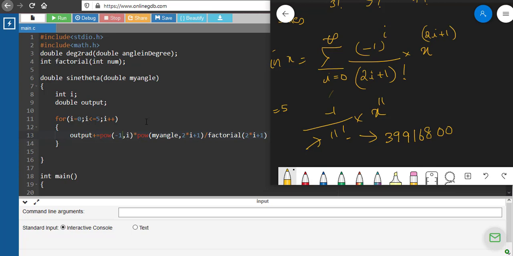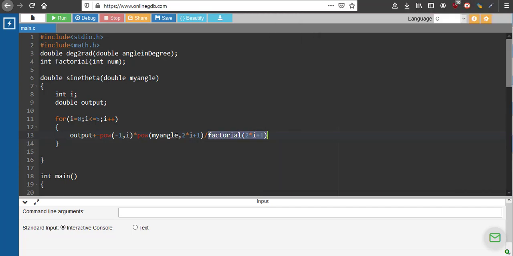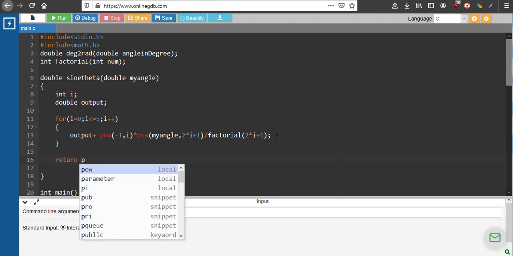My angle is x, so whatever angle we have to find sine theta of x, that x is this one. Divided by factorial of this number is nothing but this term. Factorial is another function which we have already written, so we are calling it here. Semicolon. That's all. Now after this we will return output.